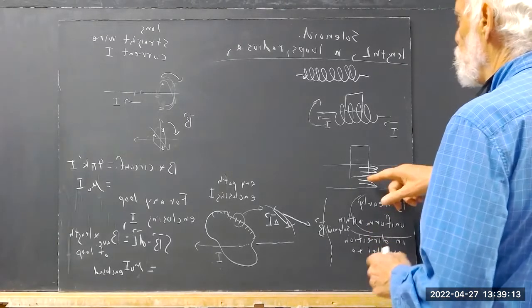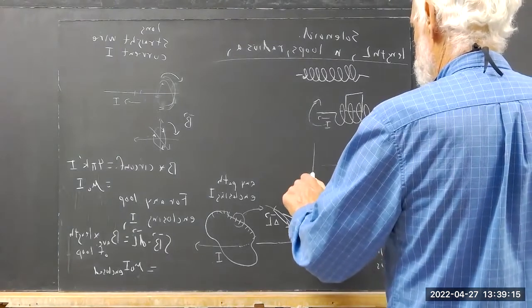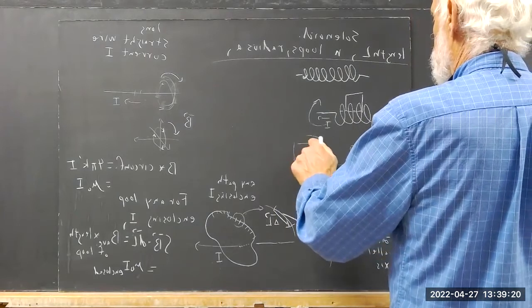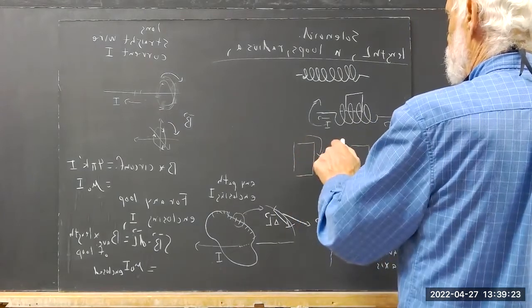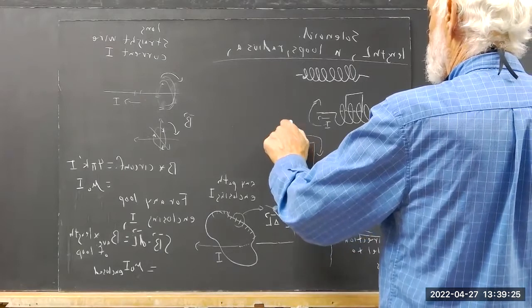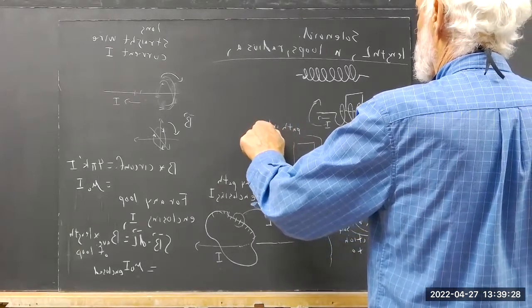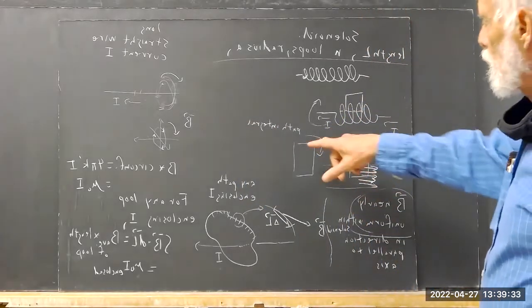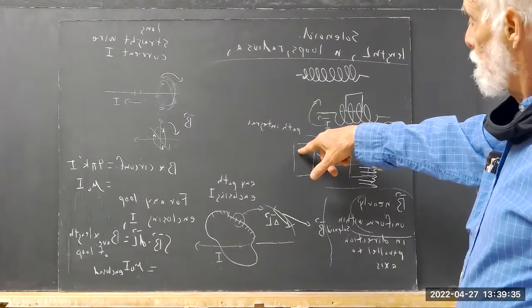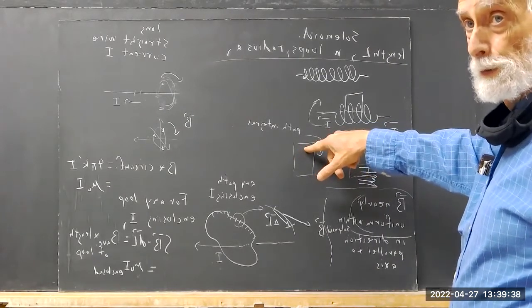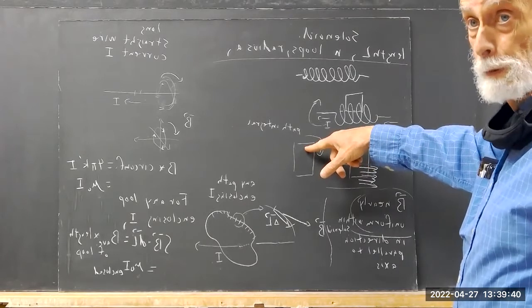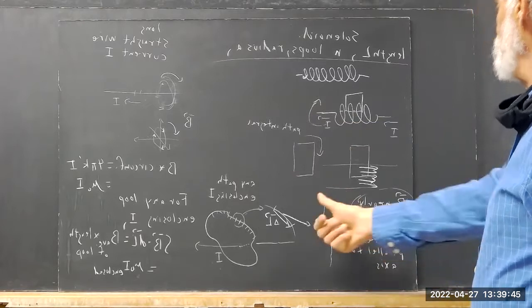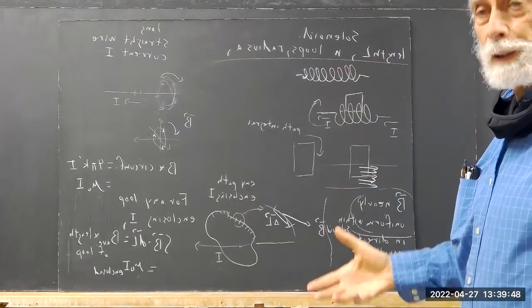So now if you do your path integral, let's say you do a path integral in this direction. Up here, your magnetic field is 0, so B dot delta L for any delta L is pretty much 0. On these two segments, B is perpendicular to delta L, so B dot delta L is 0.